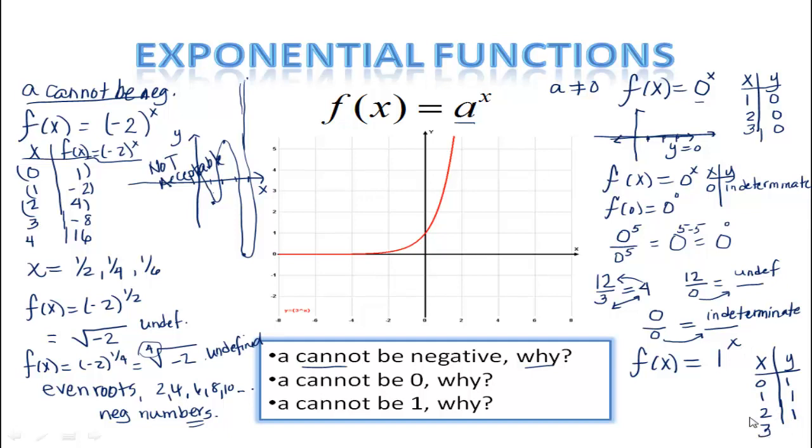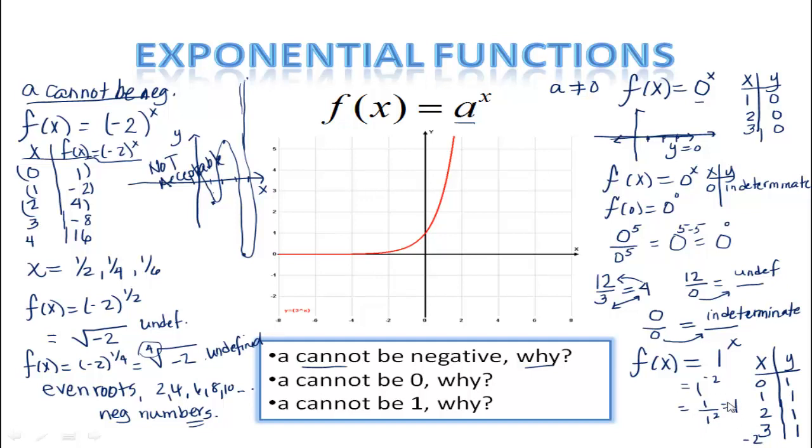If x is 3, 1 to the third power is 1 times 1 times 1, which is 1. Okay, if x is negative 2, for example, that will give you 1 to the negative 2 power, which is the same thing as 1 over 1 to the second power, which is 1 over 1, which is 1.